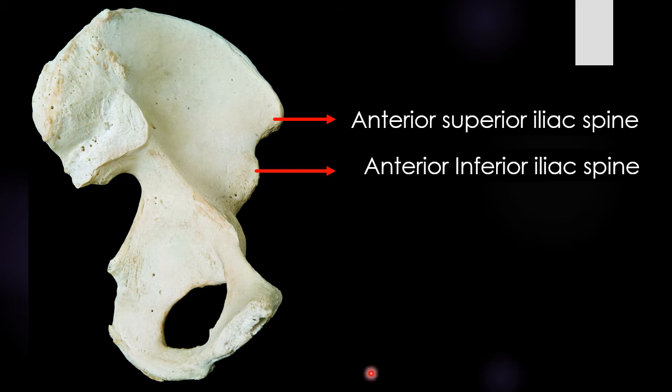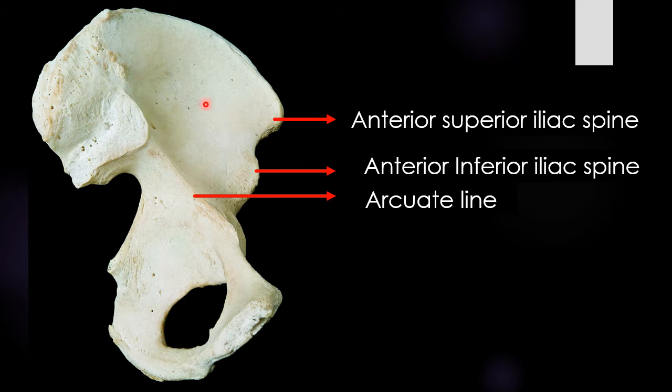Next feature you can see is the arcuate line, or linea terminalis, which separates the pelvic cavity into the true pelvis and the false pelvis. Below the arcuate line comes under the true pelvis. Above the arcuate line comes under the false pelvis.